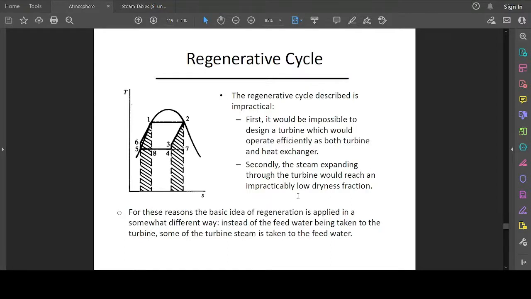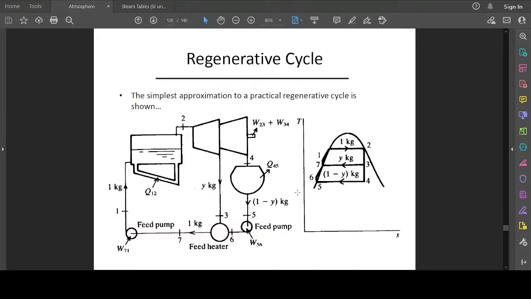Instead of the feed water being taken to the turbine, some of the turbine steam is taken to the feed water. So if we do it this way, the simplest approximation to a practical regenerative cycle is shown here.